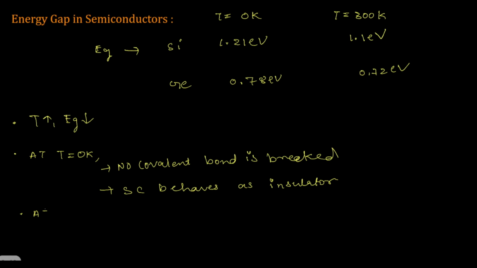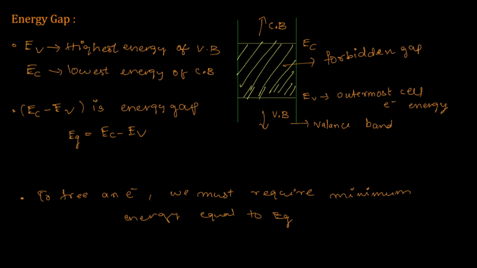Now at T equal to 300 Kelvin, what will happen? If I am keeping my material at room temperature, that is 300 Kelvin, then there will be some thermal energy, and my electrons will tend to break their covalent bonds and try to come up to the conduction band.